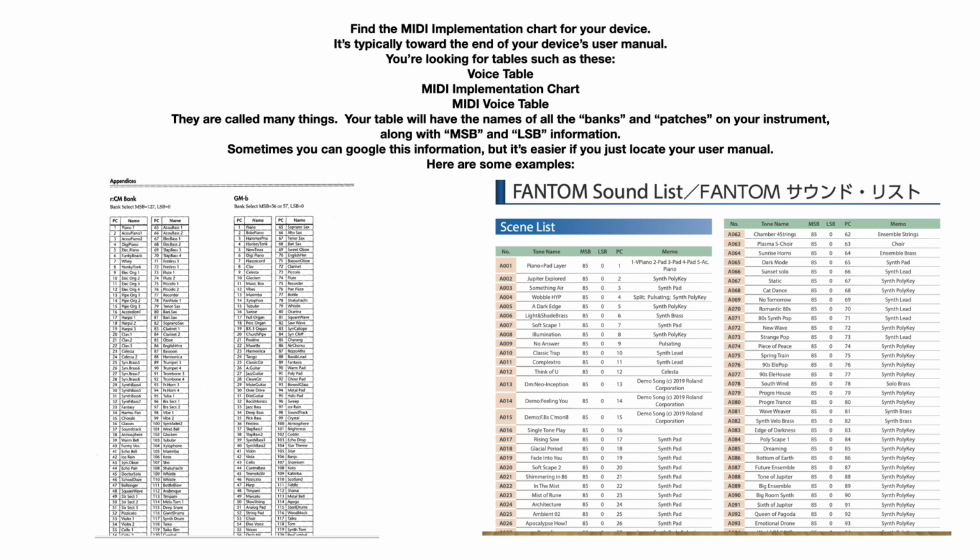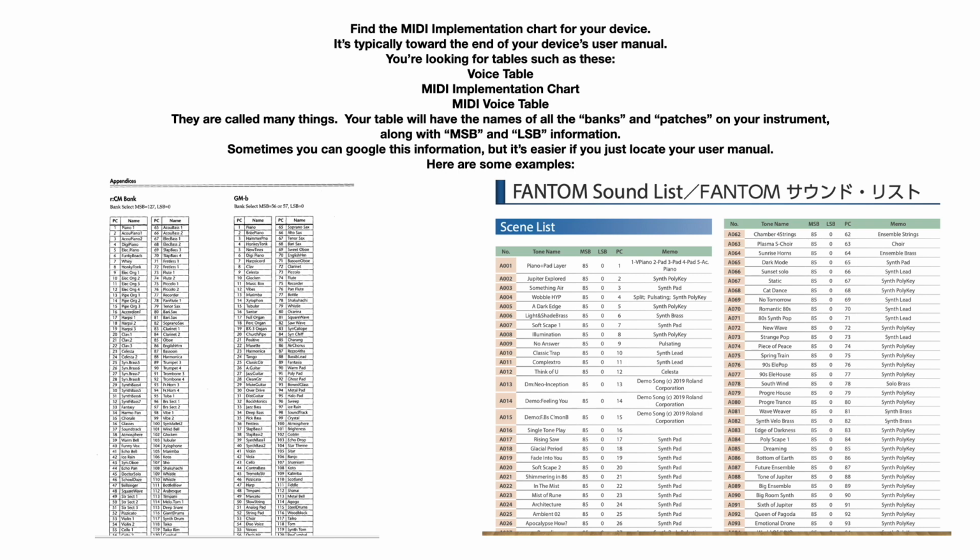Now, this is kind of old school and it can be kind of hard to find on Google, but sometimes you can Google this information. It's actually easier if you could just locate your user manual, but I've included two examples.